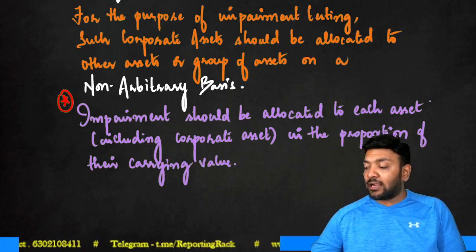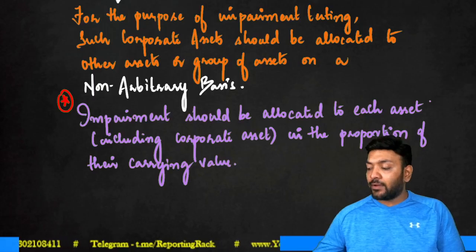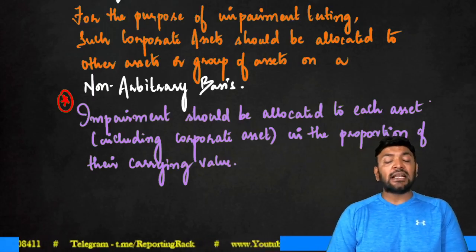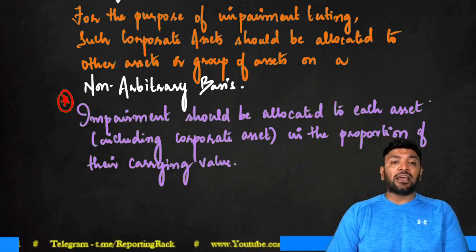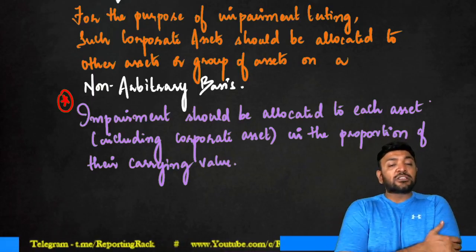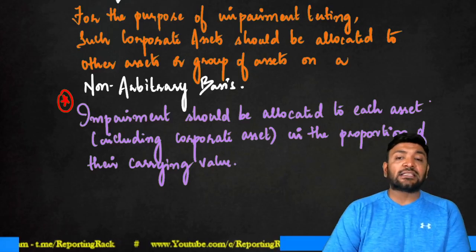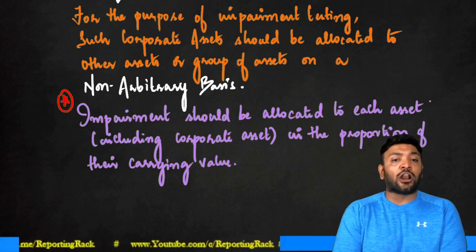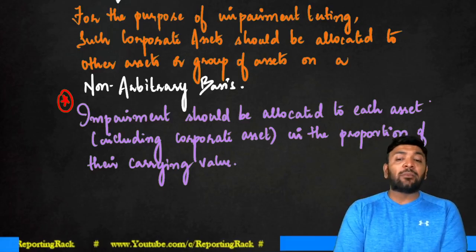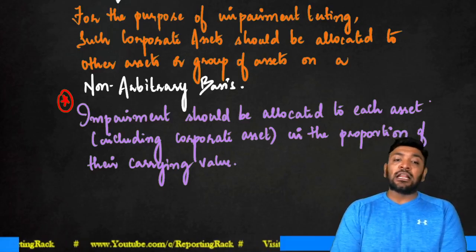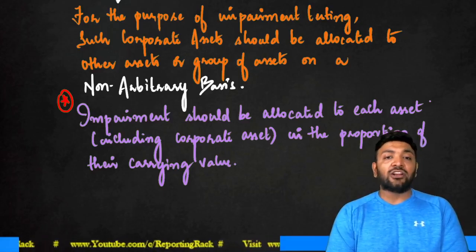Impairment should be allocated to each asset along with the corporate asset in the proportion of their carrying value. For the purpose of impairment testing, such corporate assets should be allocated to other assets or group of assets on a non-arbitrary basis, and the impairment should be allocated to each asset in the proportion of their carrying values.